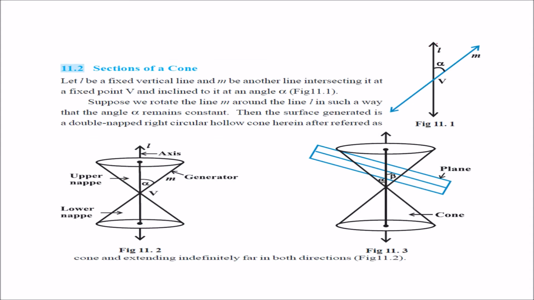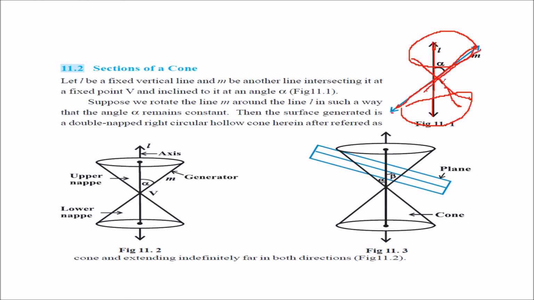Just imagine you have a fixed line here, or a stick. Then you have another line, or another stick. This one is fixed, it cannot move, but this one can move. So just rotate it, and the figure the top arrow is going to make is like this.